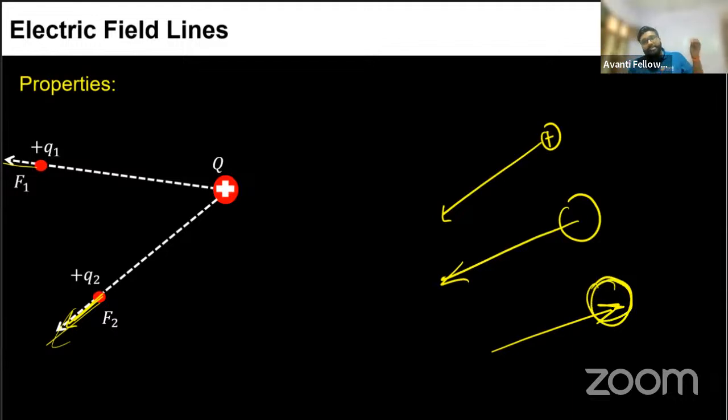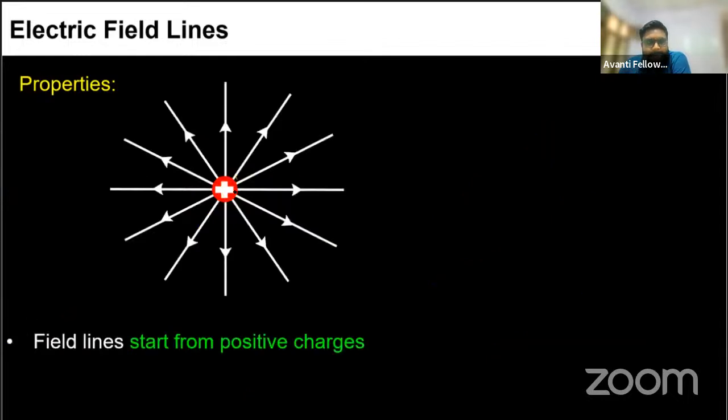No, lines are terminating at this. Because negative charge attracts the positive charge, the field lines are radially inward for negative charge, which means they are terminating at the negative charge and originating from the positive charge. Doesn't it feel like they are coming out of it? Look, right? Which means from positive charge the field will be outward. Okay, JNV Shimoga, clear?